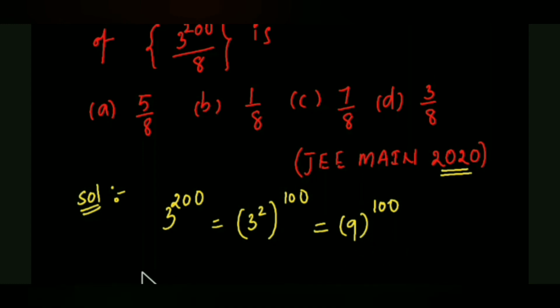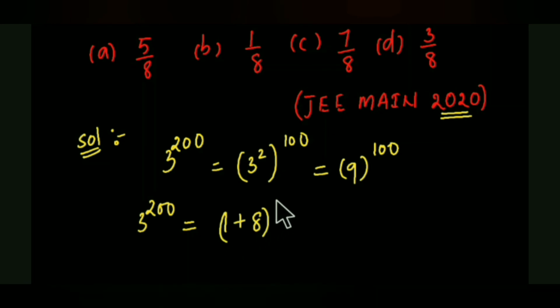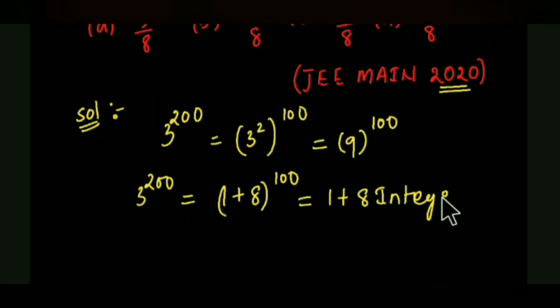We write 9 as 1 plus 8 to the power 100. According to our shortcut trick, this can be written as 1 plus 8 into some integer.